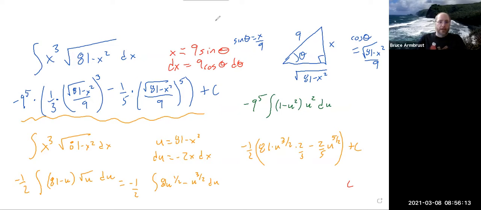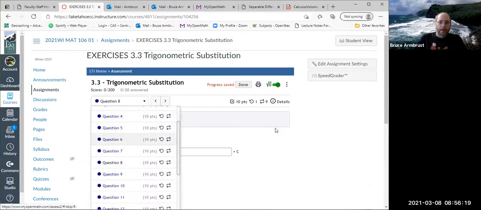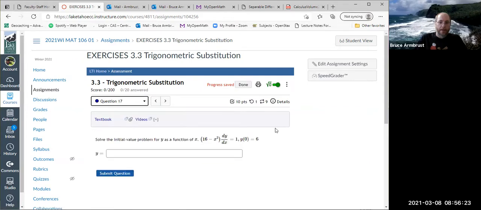All right, so let's take a look real quick at number 17 and see what that guy looks like. Yep, I think you're right. I think we did this one or something similar last time.